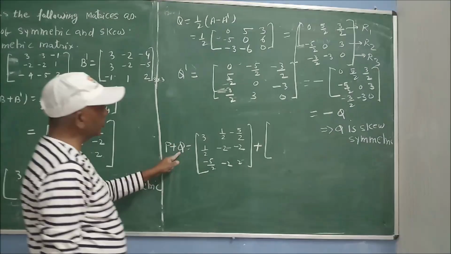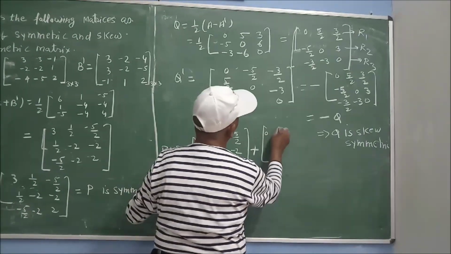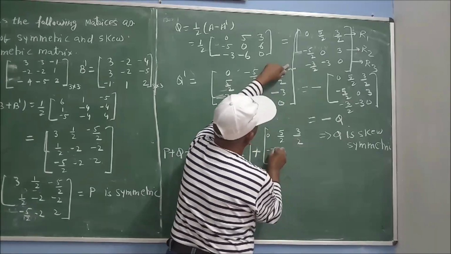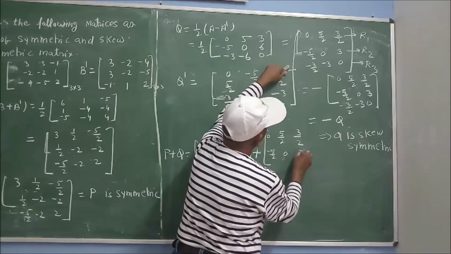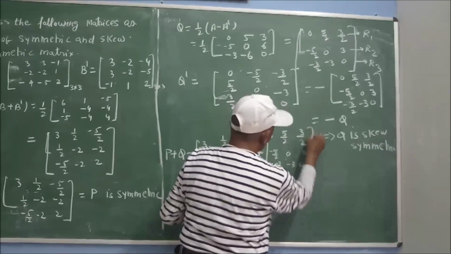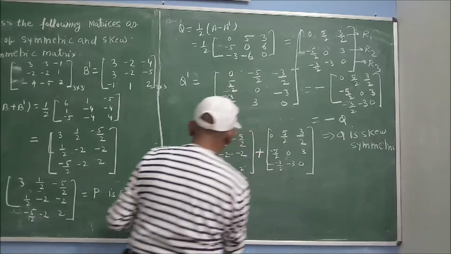Then find the value of P plus Q. P is your 3, 1 by 2, minus 5 by 2, and so on, and Q is 0, 5 by 2, 3 by 2, minus 5 by 2, 0, 3, minus 3 by 2, minus 3, 0, like so. So add these two terms.